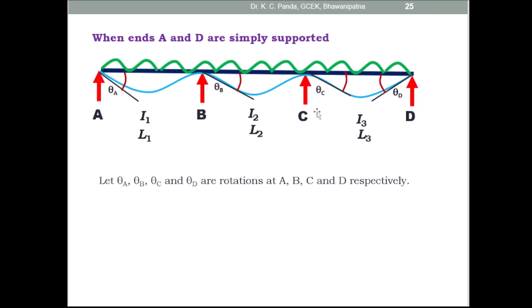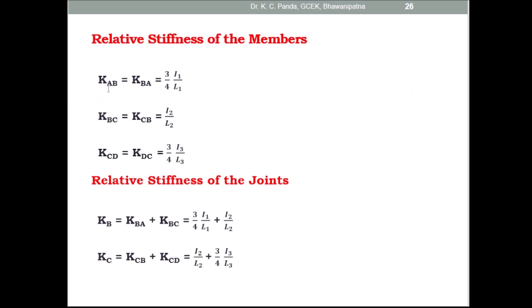Similarly for span CD, KCD is equal to KDC is equal to 3 by 4 I3 by L3. And for the intermediate span, KCB is equal to KBC is equal to I2 by L2. For an intermediate span, you take the relative stiffness I by L, and for the end span, if the end is simply supported, the relative stiffness is 3 by 4 I by L. So this is the relative stiffness of the members.